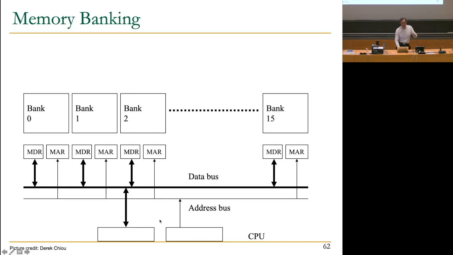We're going to send one address per cycle. It's going to target one particular bank. And then we can get one data element per cycle from the MDR, only from one particular bank. But we should be able to send one address per cycle to different banks. That way we can start the memory access of a bank in the first cycle, and then if we need data from the next bank, we can start the memory access from that bank in the next cycle.